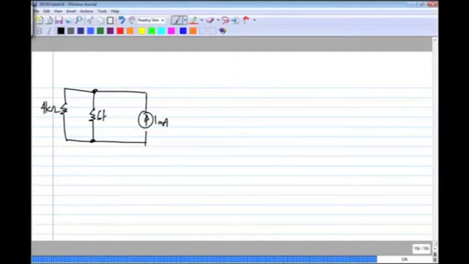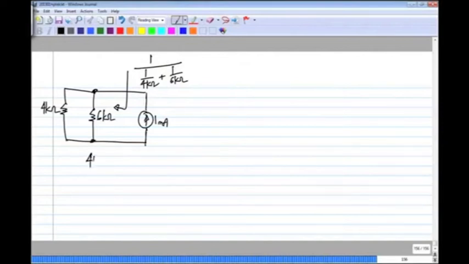this 4 kilo ohm and 6 kilo ohm in parallel, and we know what happens when you connect resistors in parallel. It is equivalent to a single resistor of value 1 by the sum of the reciprocals of the resistors. In fact, when you have only two resistors in parallel, you can use the formula R1 R2 by R1 plus R2.